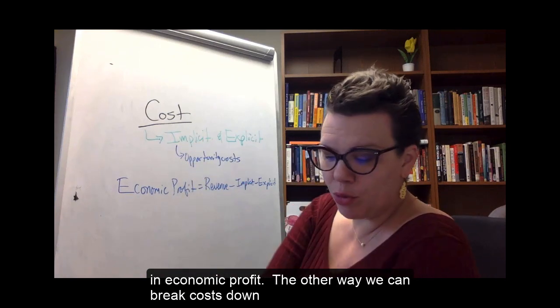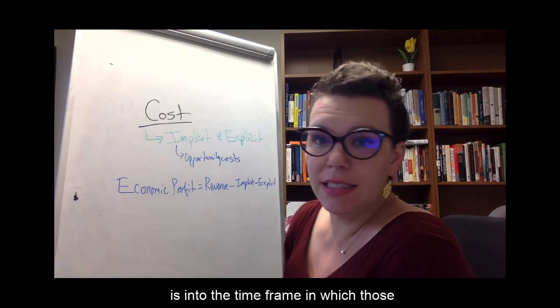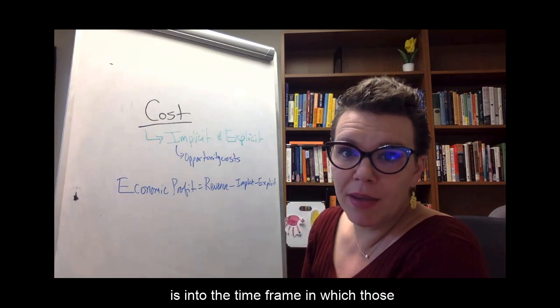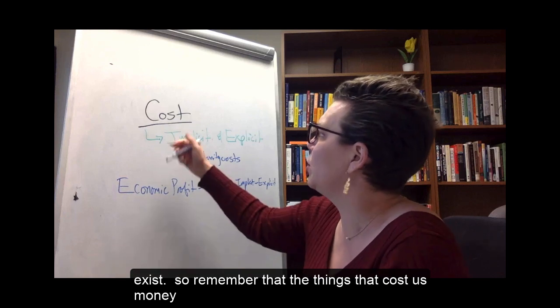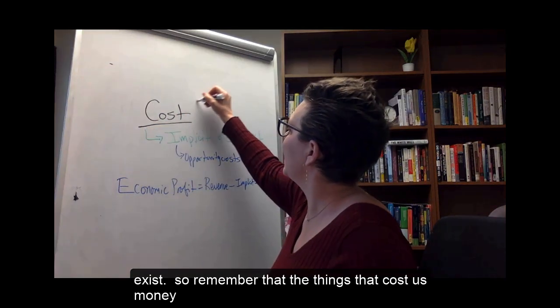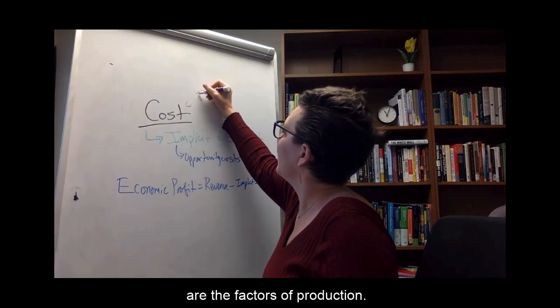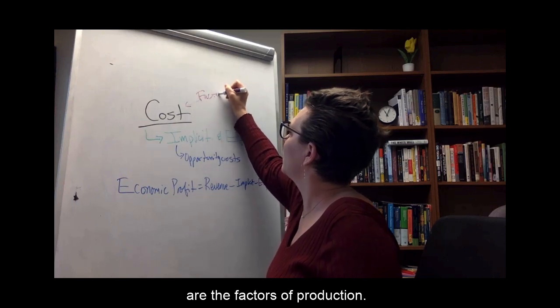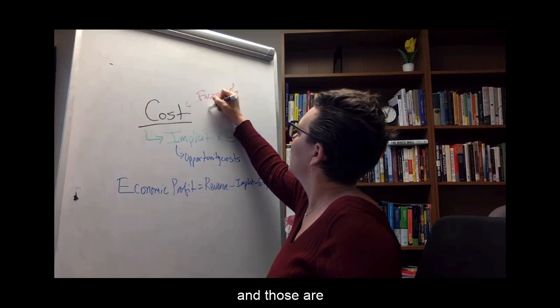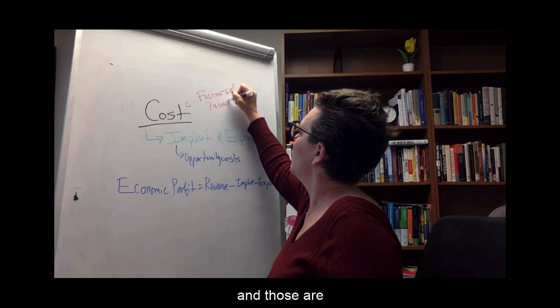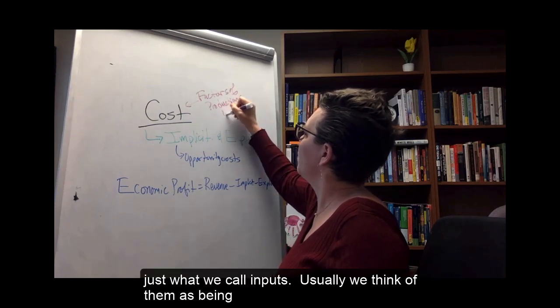The other way we can break costs down is into the time frame in which these goods exist or these inputs exist. So remember that the things that cost us money are the factors of production. And those are just what we call the inputs.